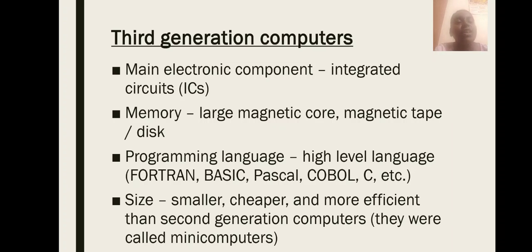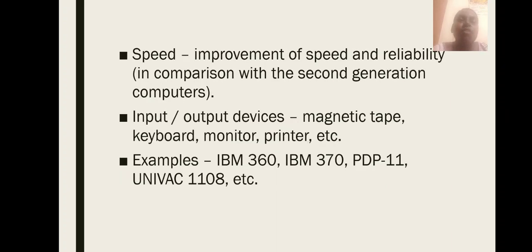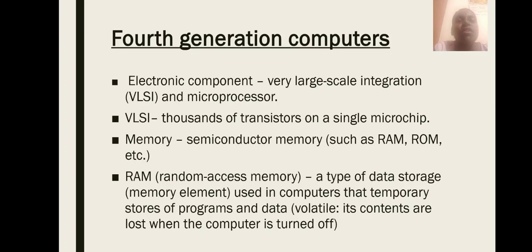They were also called mini computers. The speed was improved, with better reliability. The input and output devices were magnetic tapes, keyboards, monitors, printers, etc. Examples are IBM 360, IBM 370, PDP 11, UNIVAC 1108, etc.